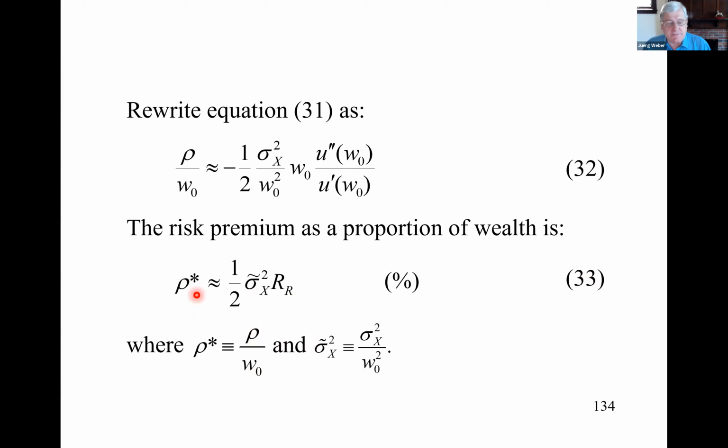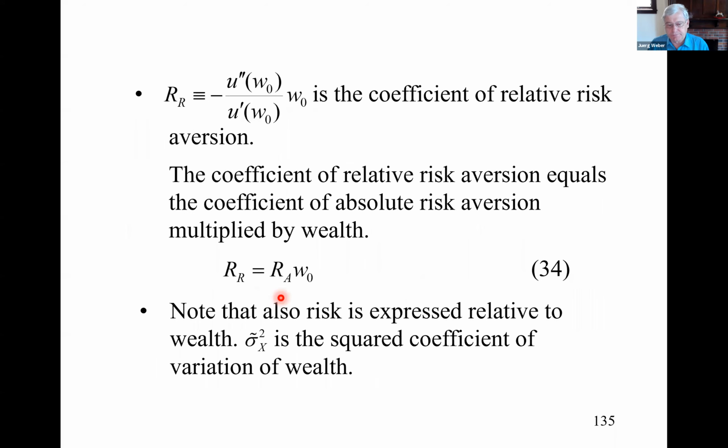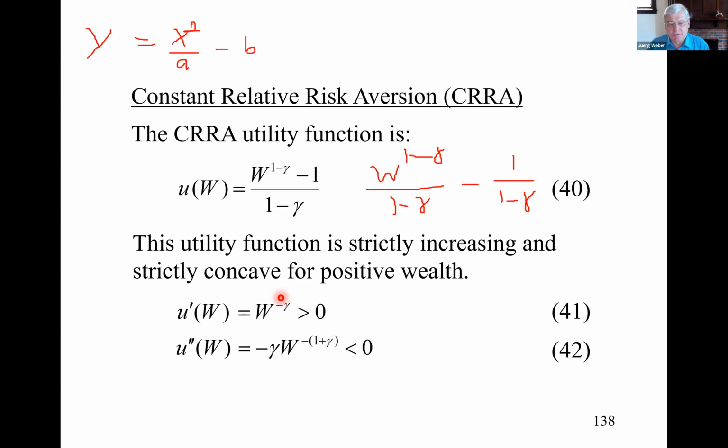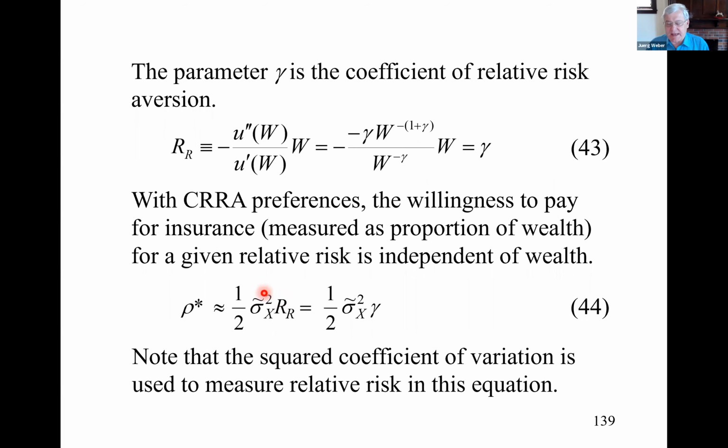And this depends then on the coefficient of relative risk aversion. Okay, so I take this where it's actually the risk premium is expressed as a percentage of wealth. I work with relative risk aversion, and so I just can plug in now here's a gamma.